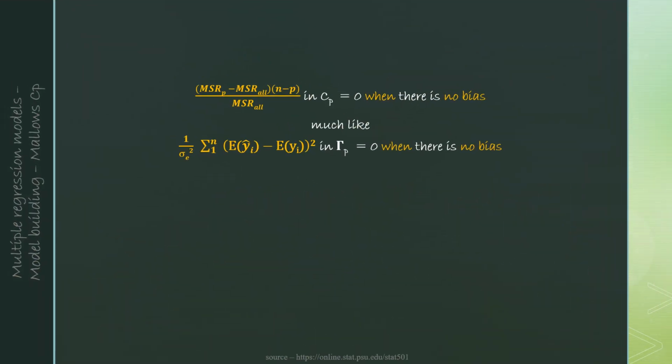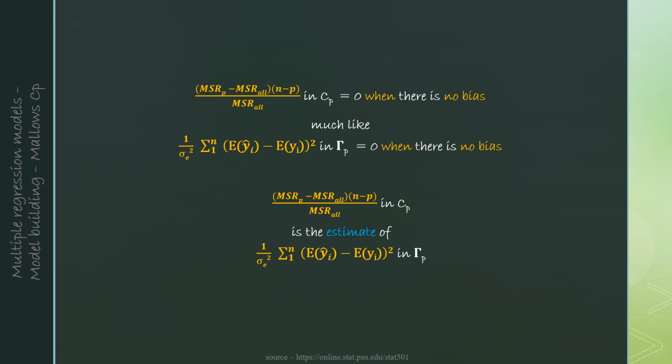MSRp minus MSR all multiplied by n minus p divided by MSR all in Cp becomes 0 when there is no bias, much like 1 divided by sigma e square multiplied by sigma 1 to n (estimated yi hat minus estimated yi) the whole square in gamma p becomes 0 when there is no bias.